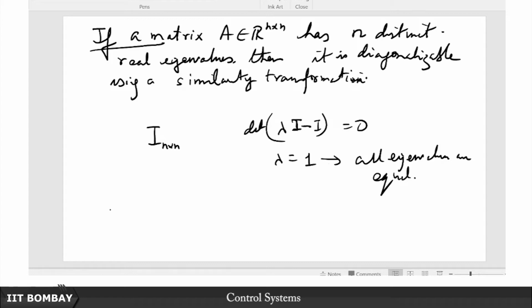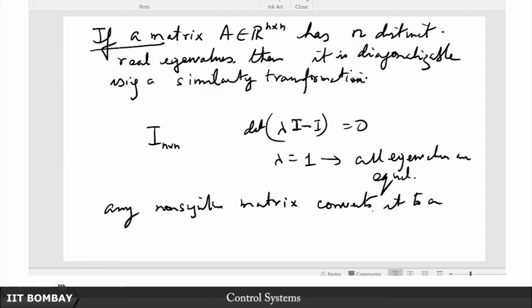So you take any non-singular matrix T, it converts it to a diagonal form, of course there is nothing to convert, it is already diagonal, but then again any non-singular matrix converts it to a diagonal form.